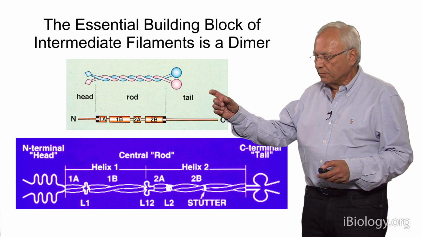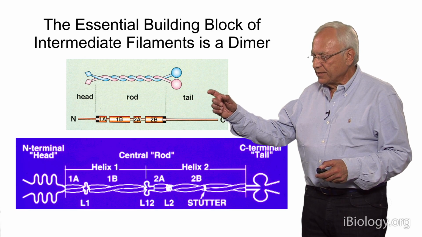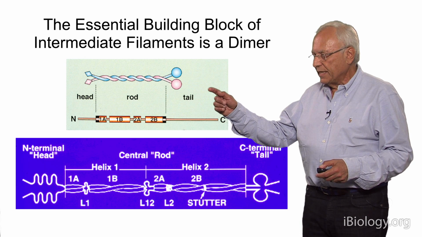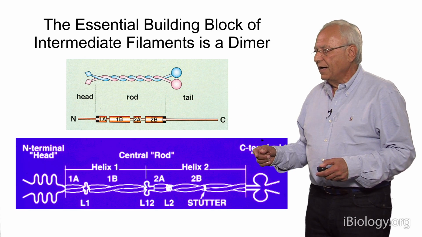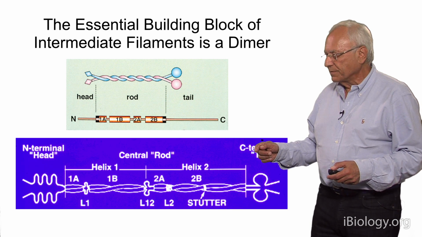So the central rod domains actually line up precisely so that they form a coiled coil, and then we have the tail at one end and the head domain, or the N terminus and the C terminus, at the opposite ends of the rod of the dimer.